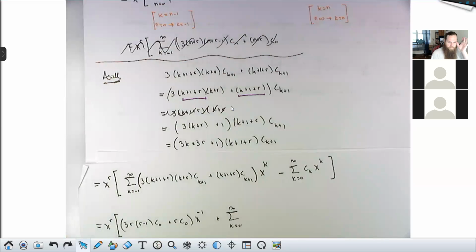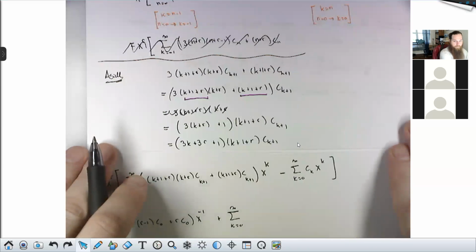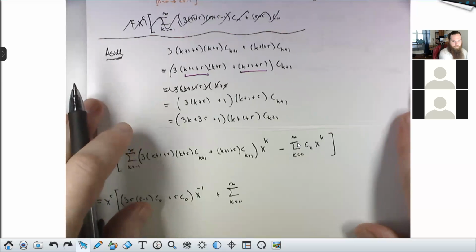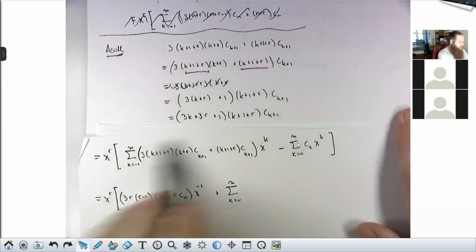Just algebra, but there's so many symbols here. It's worth kind of stepping aside and making sure we're good with it. So are we all good with these steps here? So that will be the contribution to the coefficients from the first piece here.